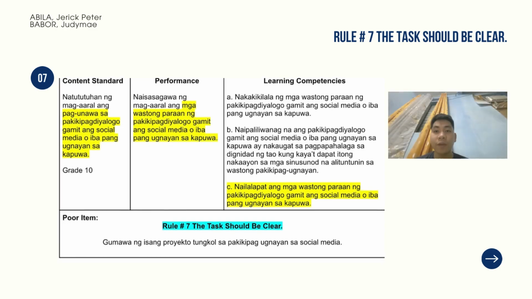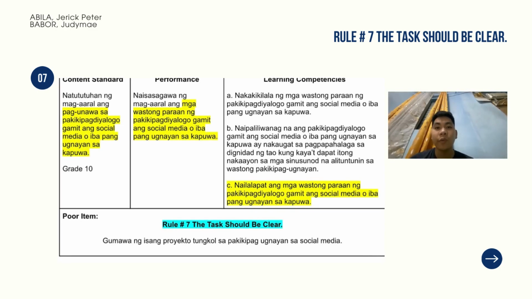In rule number 7, which is the task should be clear, we have a poor item which is gumawa ng isang proyekto tungkol sa pakikipag-ugnayan sa social media. This panuto or instruction is not clear.